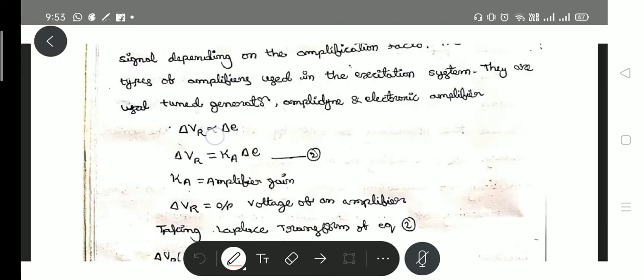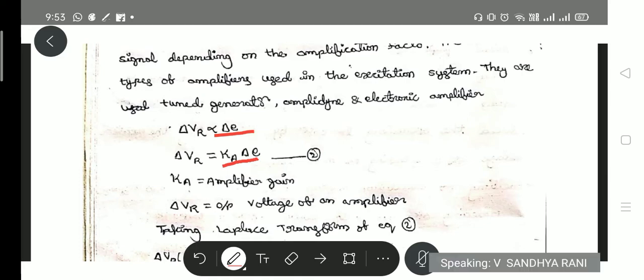Taking the proportionality constant as Ka, delta VR is equal to Ka into delta E. Here Ka is the amplifier gain, and delta VR is the output of the voltage amplifier.